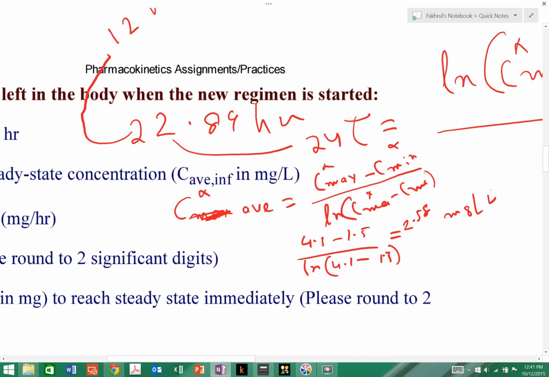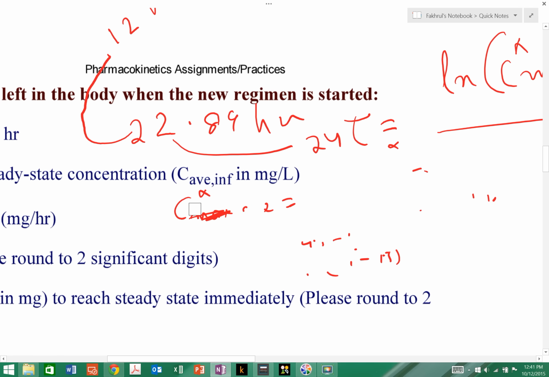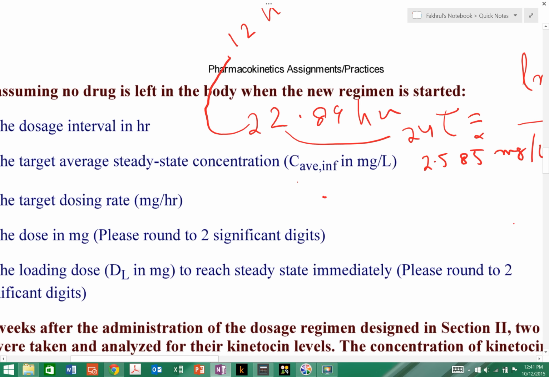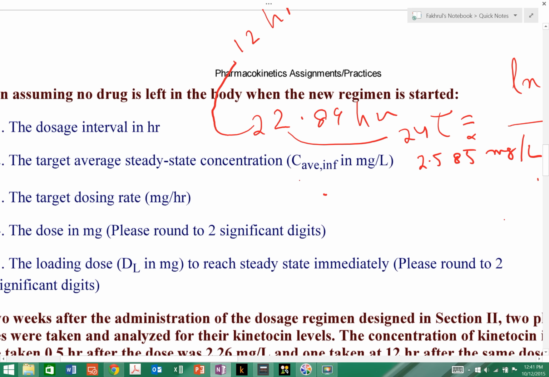So your C average would be 2.585 milligram per liter.